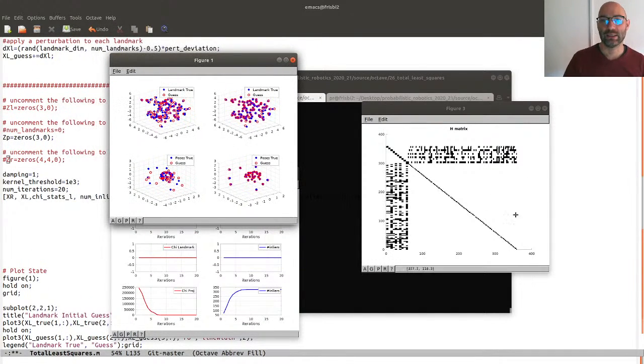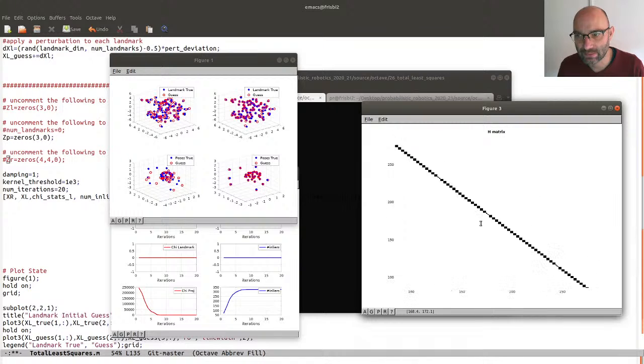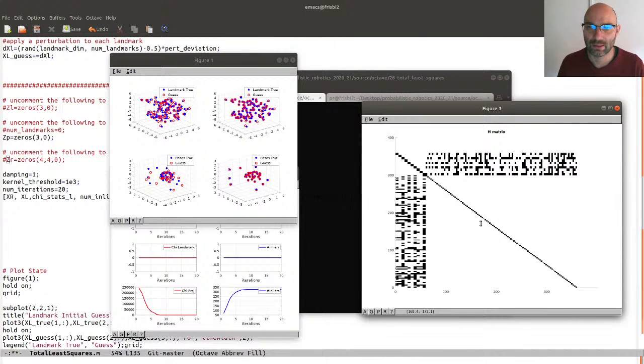It's quite interesting. So we see many things in this plot. What we see is the structure of the Jacobian, okay? The structure of the H matrix. This is the pose constraints. So this is the pose part, I can imagine.